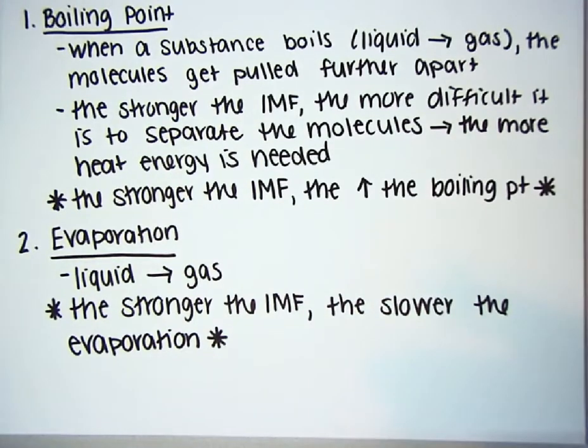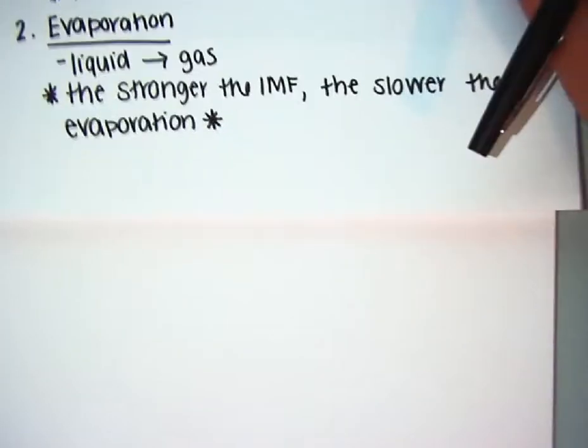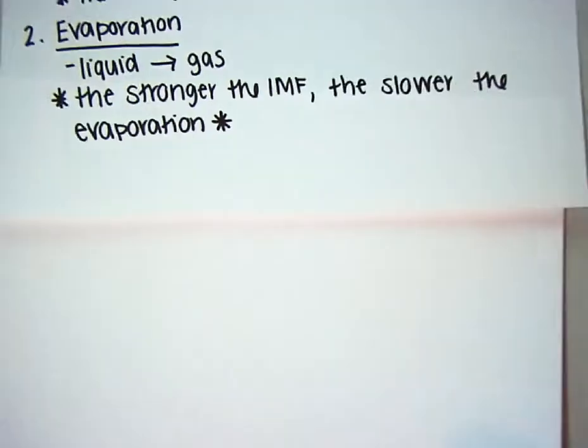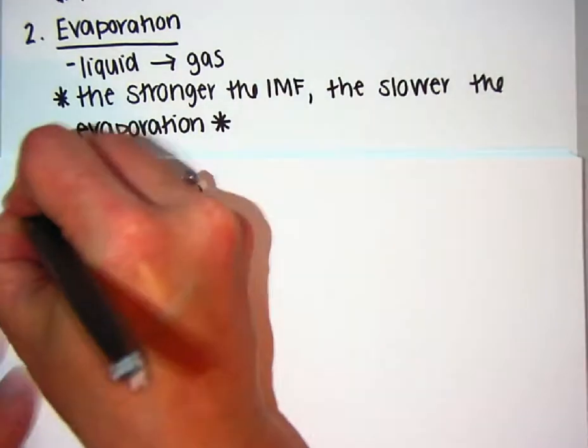If molecules have a strong intermolecular force, they want to stay together in that liquid state. It is going to take a lot of energy to get them to evaporate. The more energy it takes to evaporate, the longer it takes to evaporate. Strong intermolecular forces take a long time to evaporate. Molecules with weak intermolecular forces evaporate pretty quickly.